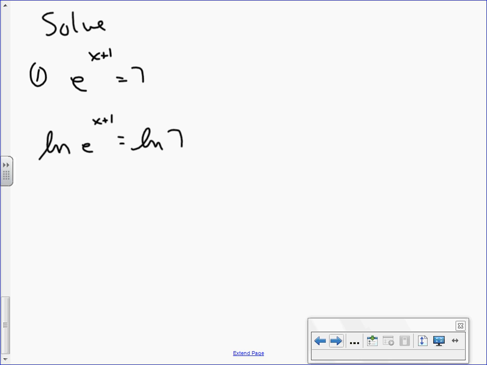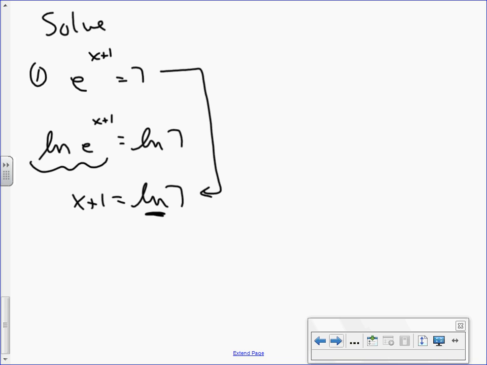And here's this thing that I just showed you: the natural log of e to the x plus 1 is x plus 1. I hardly ever write that step down. I just look at it as changing it to the log form. Log base e of this is the exponent. All right, and then we can solve it from there. It always throws people off to recognize that this is an answer.